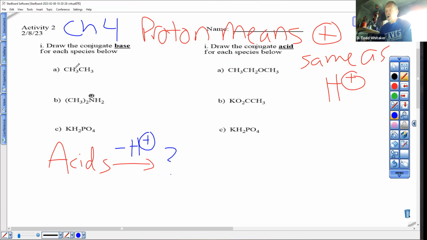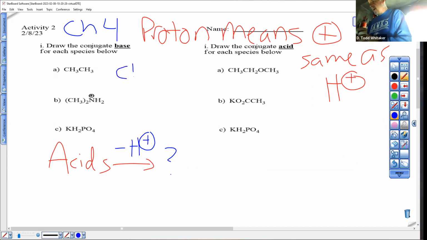If I remove a proton from this species, how many hydrogens are left? Answer, 5. What's the charge? It's just as important as the formula. Don't tell me when you lose a proton from a neutral molecule that you're still neutral. The math doesn't work. If you're losing a proton, you better end up being an anion.